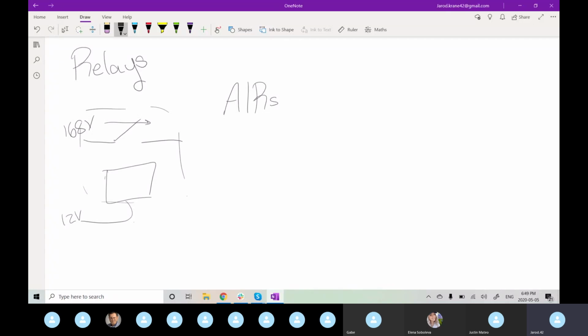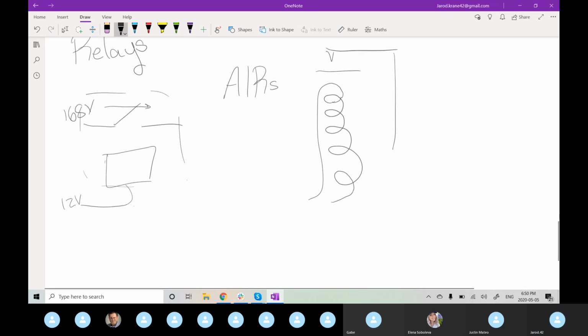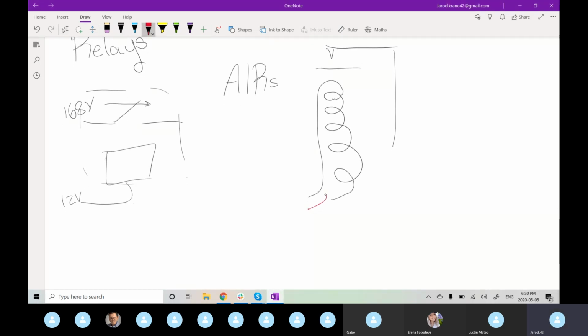And the activation of that is, again, just a magnetic coil with basically a metal plate that it's, yeah, how does it go? So when we feed some current into our coil, we're inducing a magnetic field.